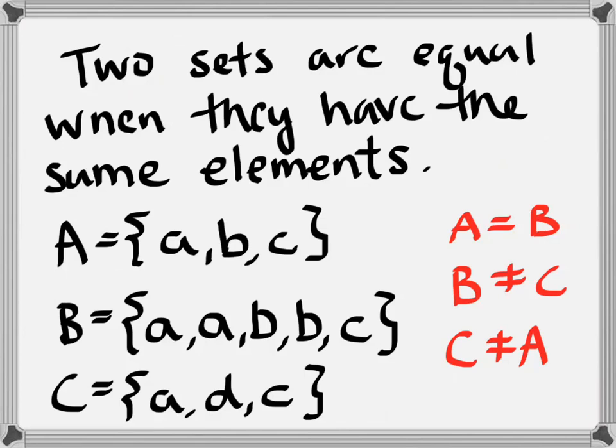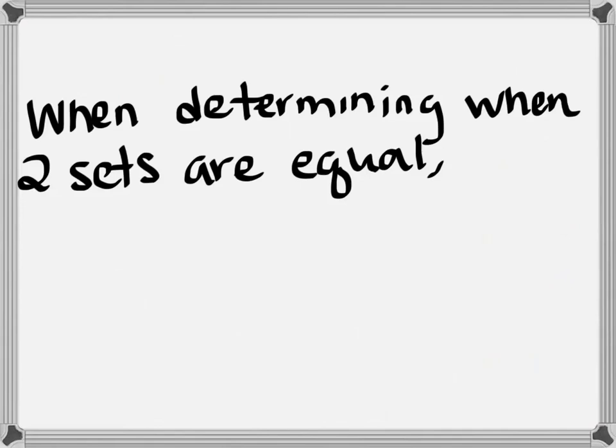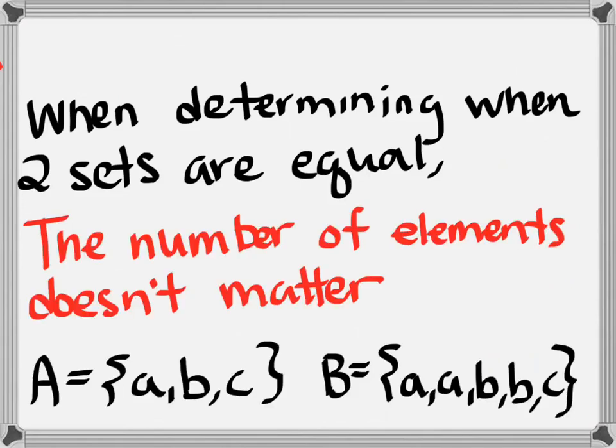And B and C are also not the same set, so they are not equal, and again, for the same reason. Set B contains the element b, and C does not. When determining when two sets are equal, the number of elements does not matter. And that is why we are able to say that set A, consisting of a, b, and c, is equal to the set consisting of a, b, b, and c.